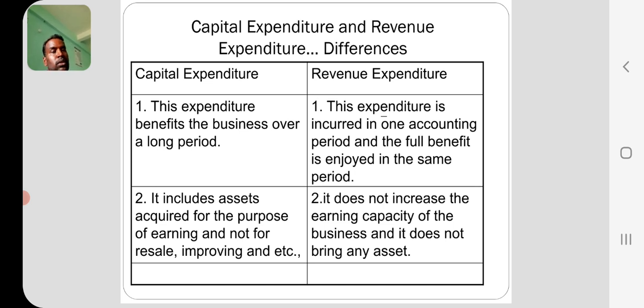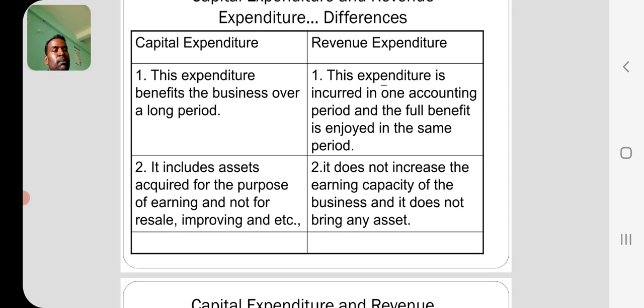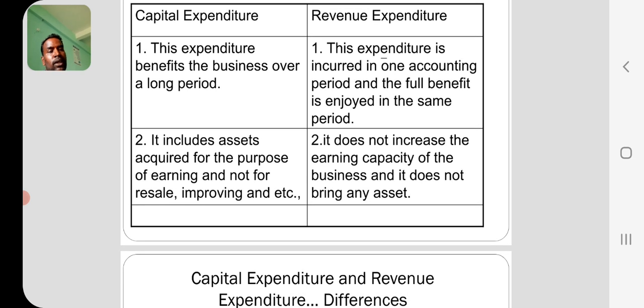Whereas revenue expenditure belongs only to the particular period, one accounting period or a particular financial year. This expenditure is incurred in one accounting period and the full benefit is enjoyed in the same period. Means the benefit is also enjoyed in that current year only.